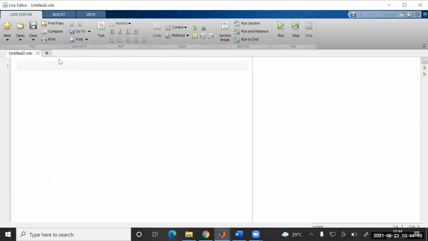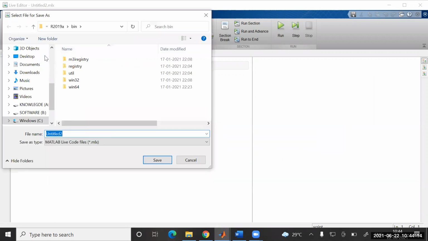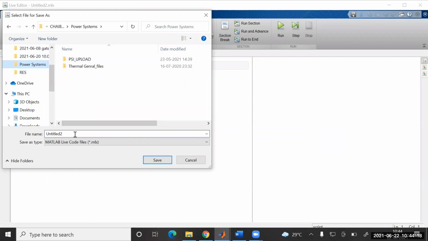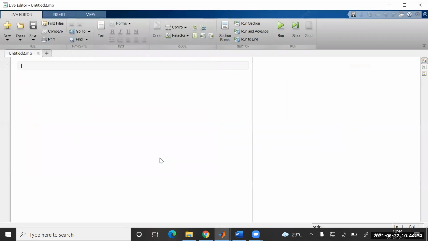Whenever you write any segment, it will be run directly. You do not need to run it separately.